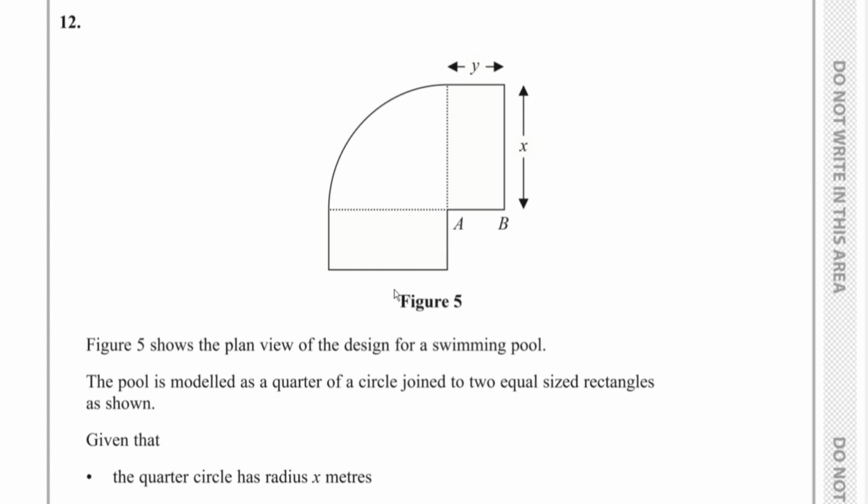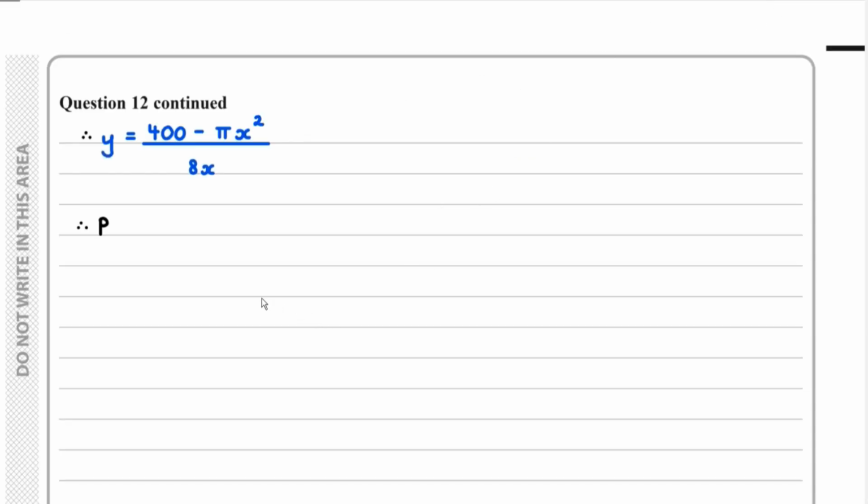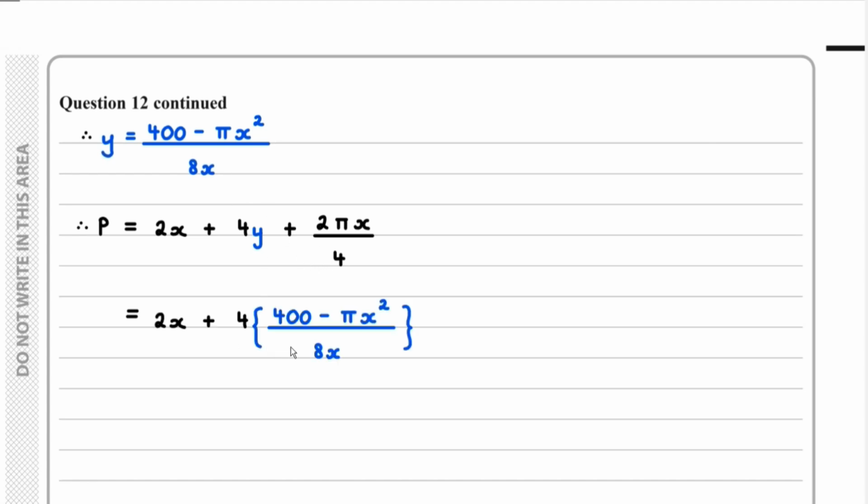So we've got this x here, we've got a y here, a y here, a y here, and a y here, and for this bit we would have a quarter of a circumference, so that would be 2 pi times the radius x over 4. So the perimeter is 2x plus 4y plus 2 pi x over 4. And knowing what y is, we have 2x plus 4 lots of 400 subtract pi x squared over 8x plus 2 pi x over 4.